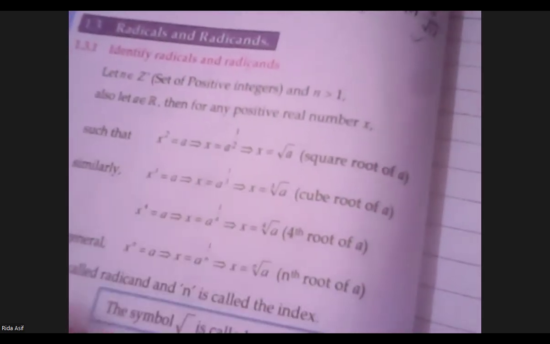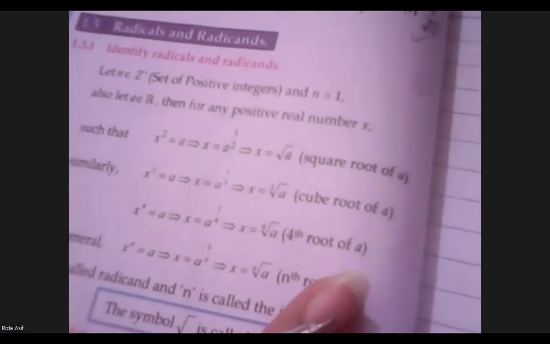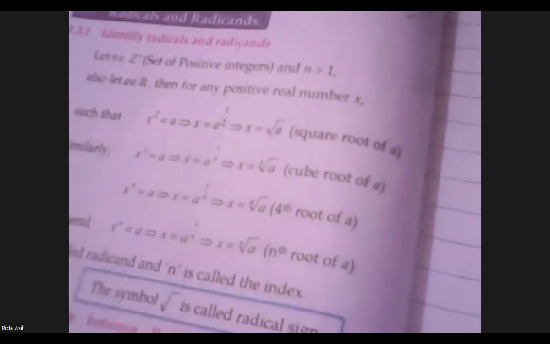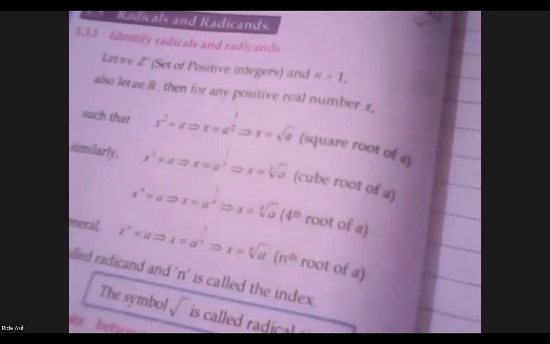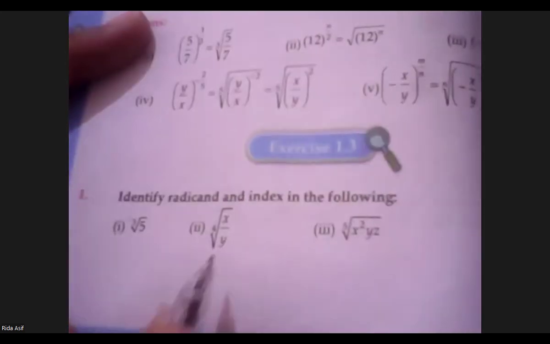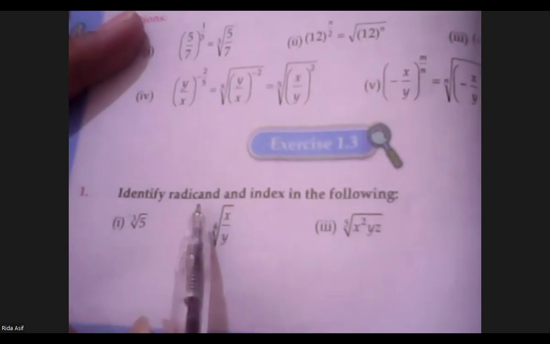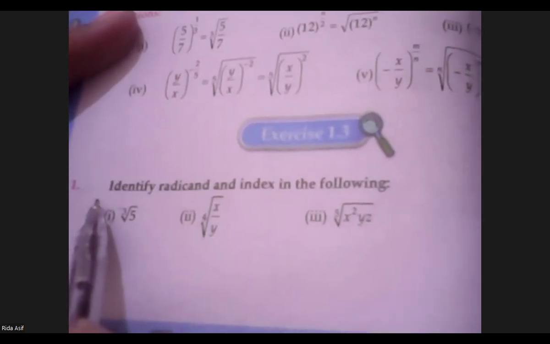I hope that now the concepts of radical and radicand are clear to you, including exponent and base also. So on page number 13, you can easily identify radicands and index. This is question number 1.